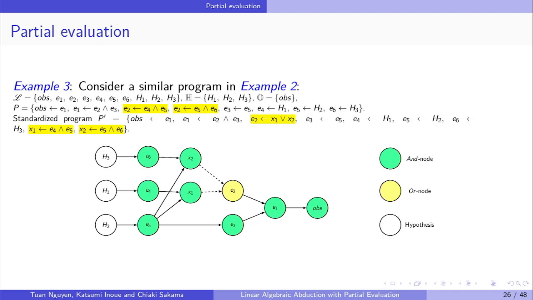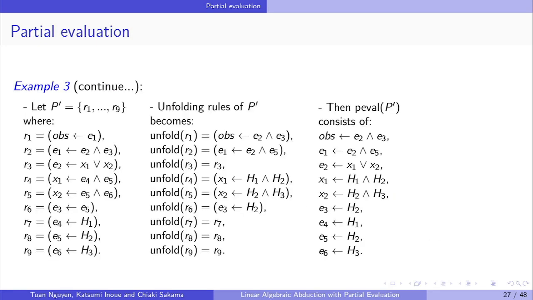So consider the example. It's actually the pivot example, and we have the set of rules, the P prime here. Unfolding the rules, we take the first rule here and we see E1 here, and we look for the rule for E1 and we replace this body with this R1, and we have this rule.